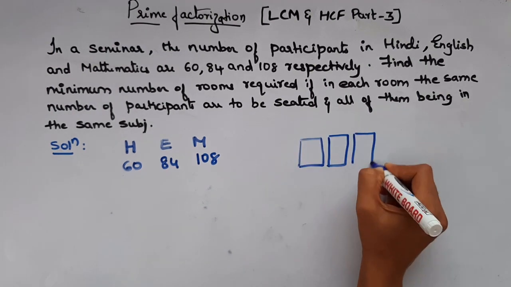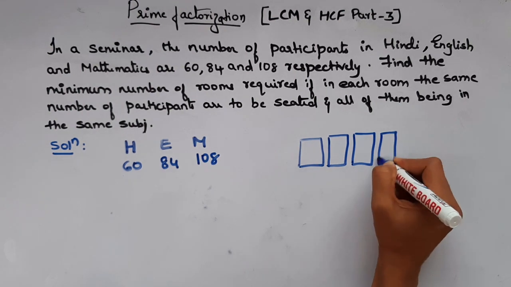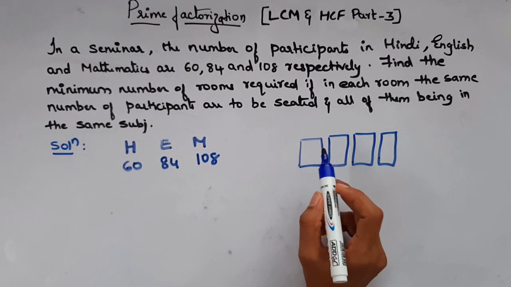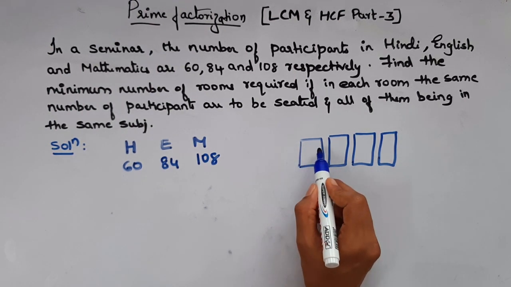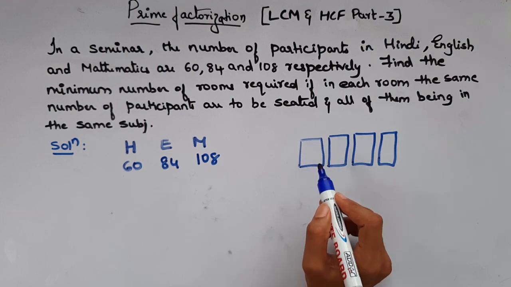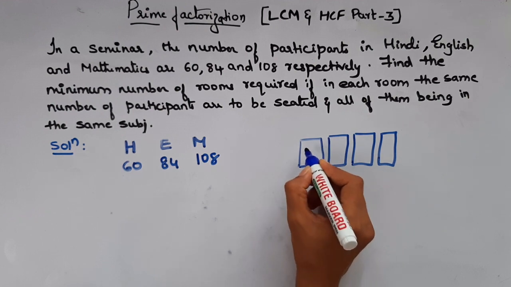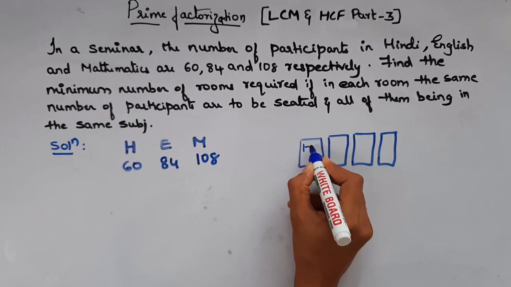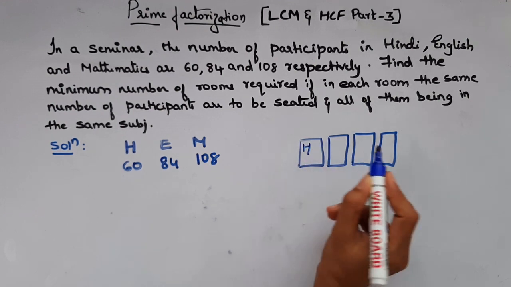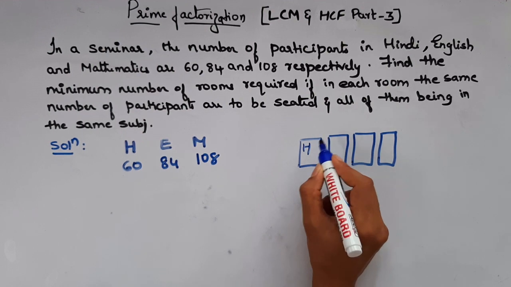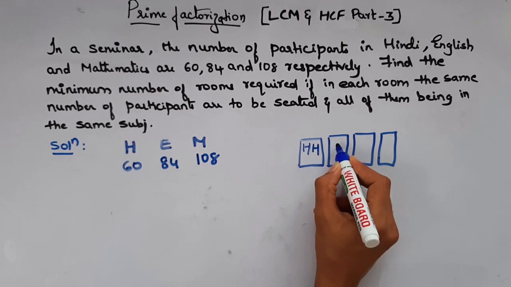Now let's say 4 minimum rooms are required. Okay. The condition is in each room there must be the same number of students plus they are of the same subject as well. So that means if you place 2 students in each room, those 2 students should be of the same subject.